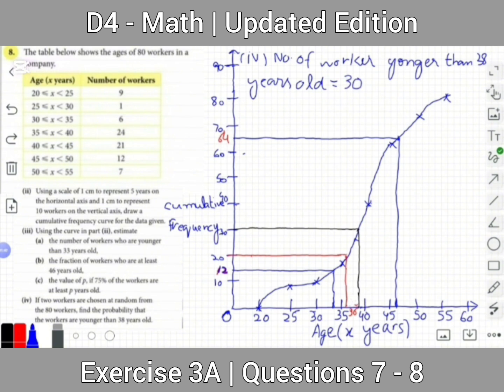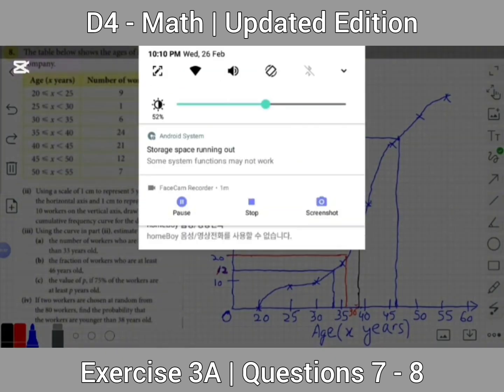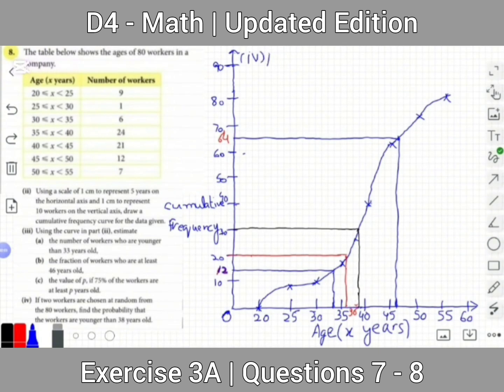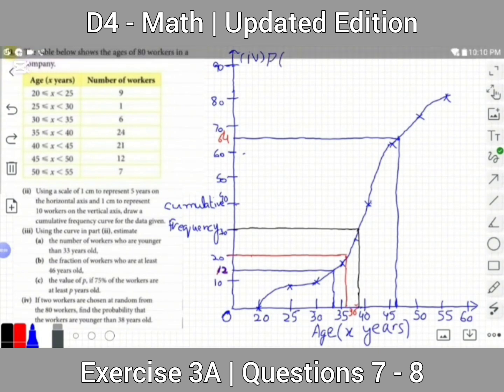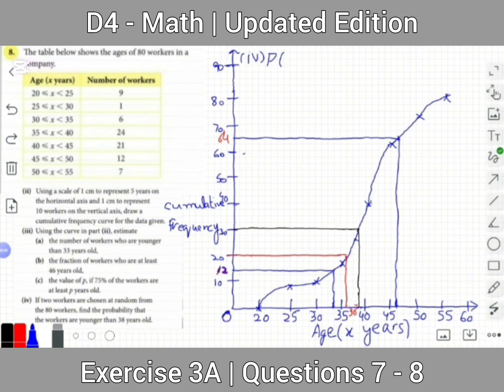Now we have to find out the probability that workers are younger than 38 years old.